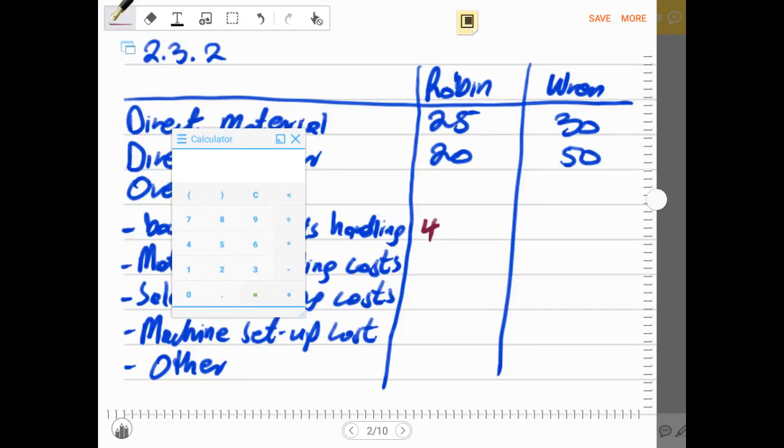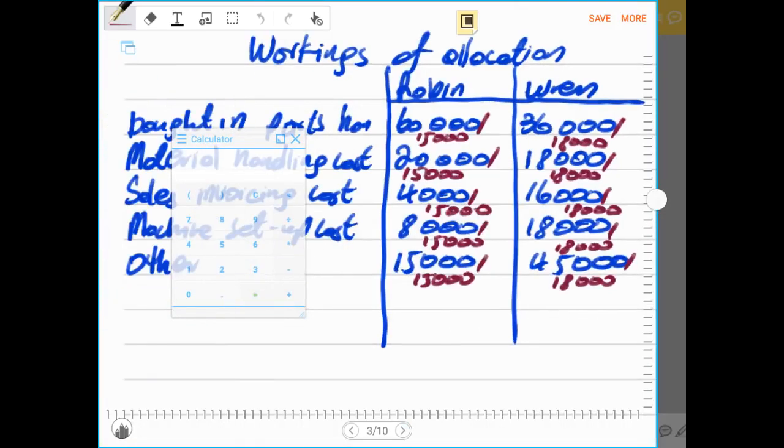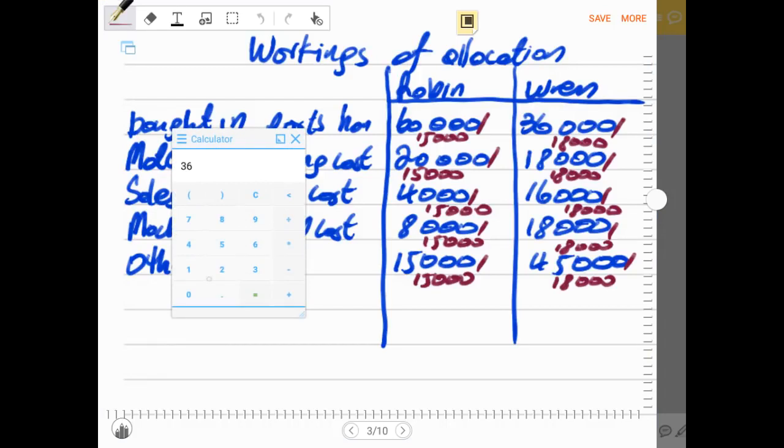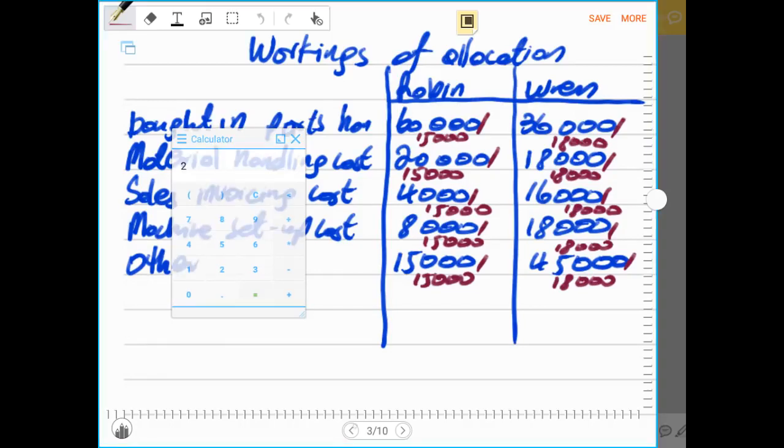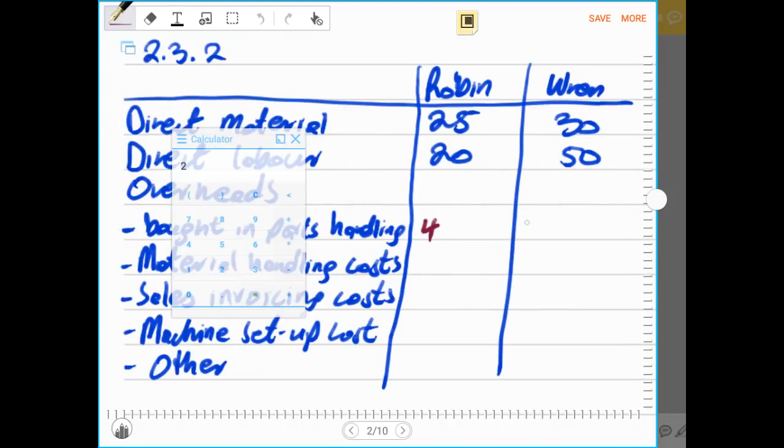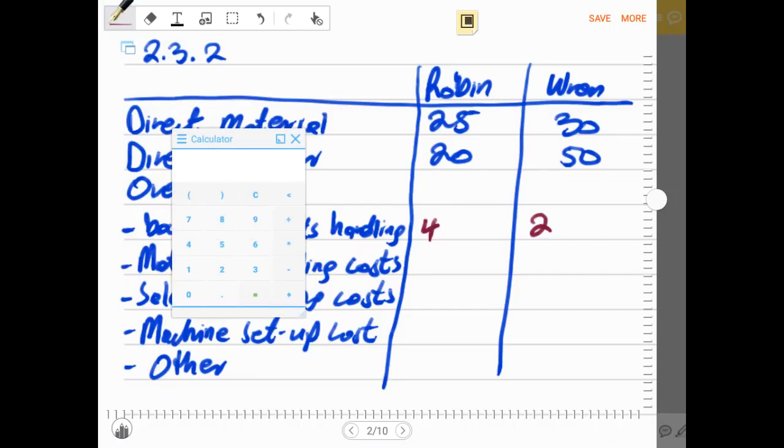Then we do the same thing. We say 36,000 divided by 18,000. That gives us 2 rand, and 2 rand goes straight to the overhead for product Wren.